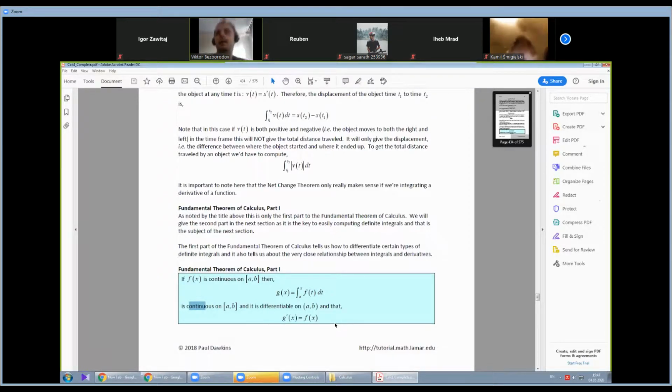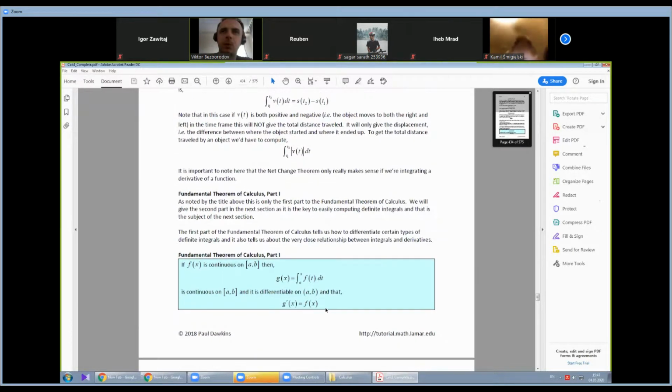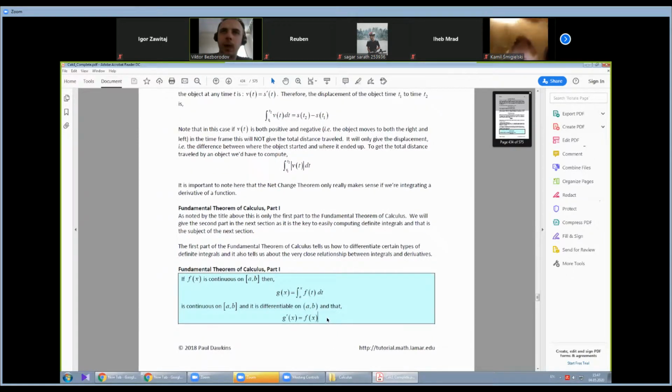Right? So yeah, this is one of the most important theorems in probably all of mathematics.